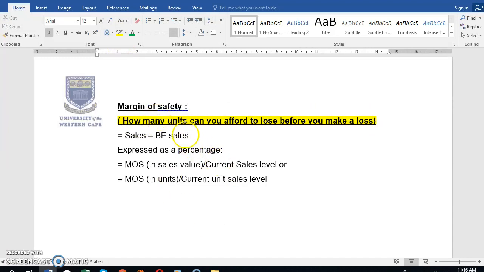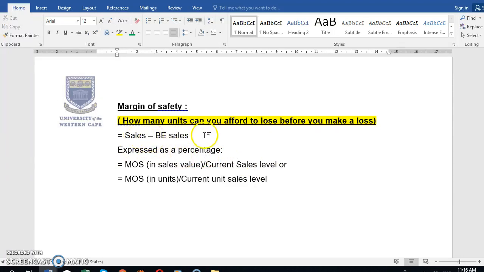Remember, break-even is no profit, no loss, so the aim is to sell more than break-even. The formula for margin of safety is sales minus break-even sales.